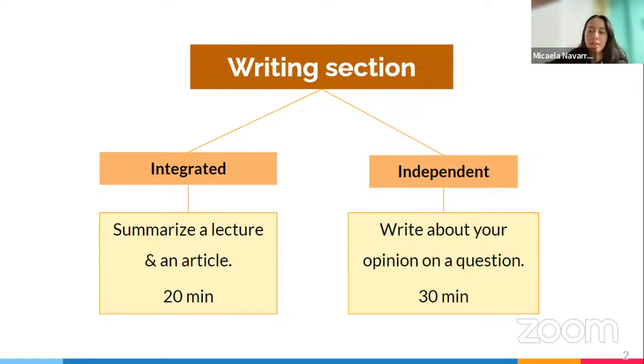Independent, like the word says, is an article independent about another thing, about the listening, sorry. An article about listening, you sure? No, sorry, I'm confused. You're getting confused, right? That is the integrated one, actually. What about the independent then?